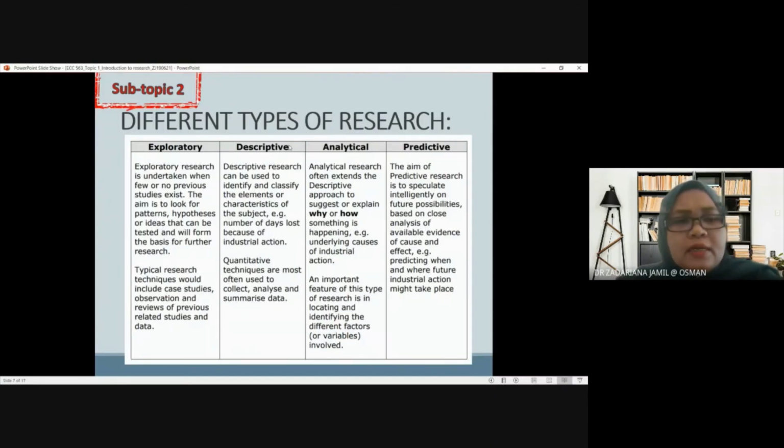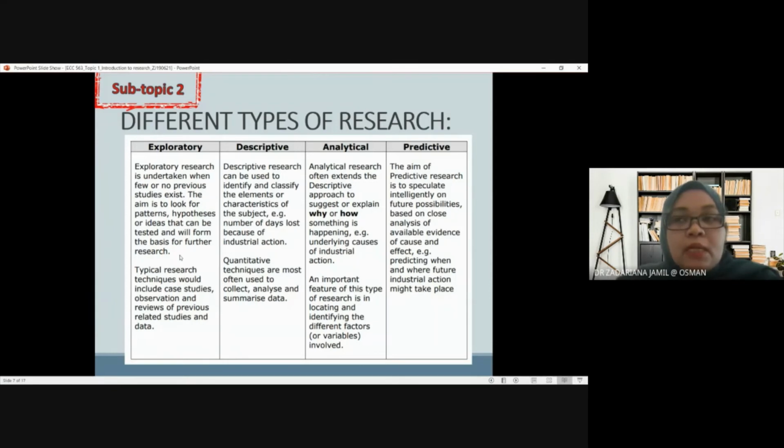So there are different types of research: exploratory, descriptive, analytical, and predictive. Exploratory research is undertaken when few or no previous studies exist. The aim is to look for patterns, hypotheses, or ideas that can be tested and will form the basis for further research.